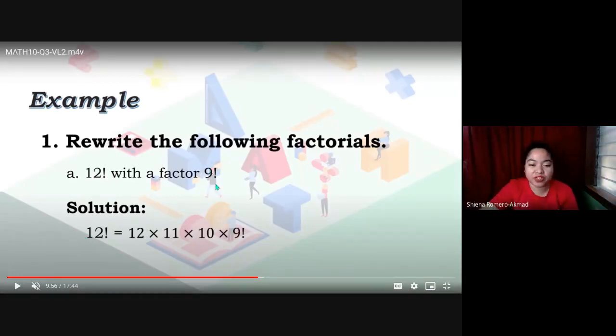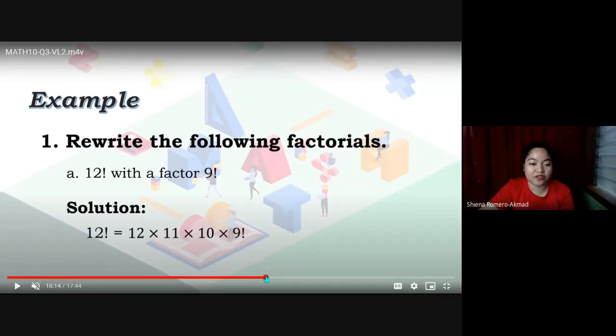Pero dapat one of its factors is 9 factorial. So, 12 factorial is equal to 12 times 11 times 10 times 9 factorial. So, yung may factorial, ginawa natin siyang factor ng 12 factorial. So, you can also express this, pwedeng one of its factors is 5 factorial, pwedeng one of its factors is 11 factorial. Just have to write it this way.